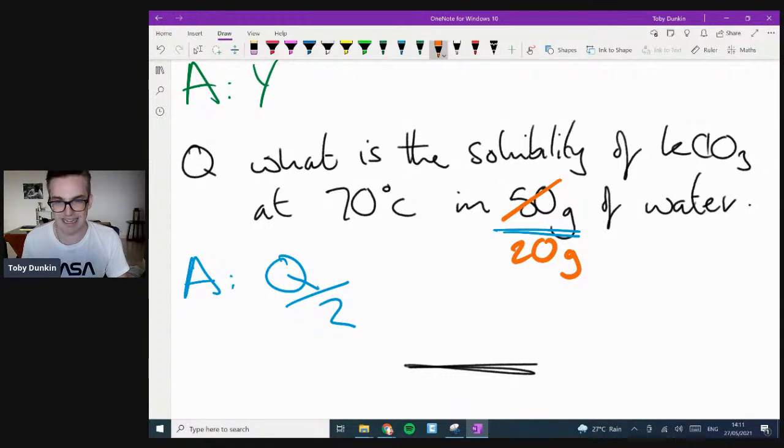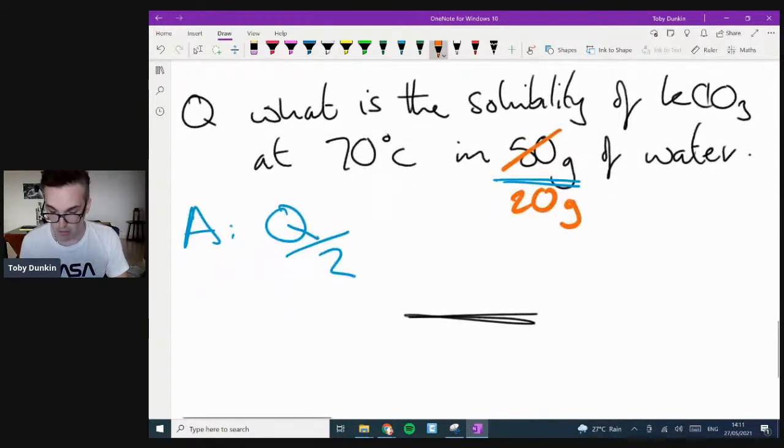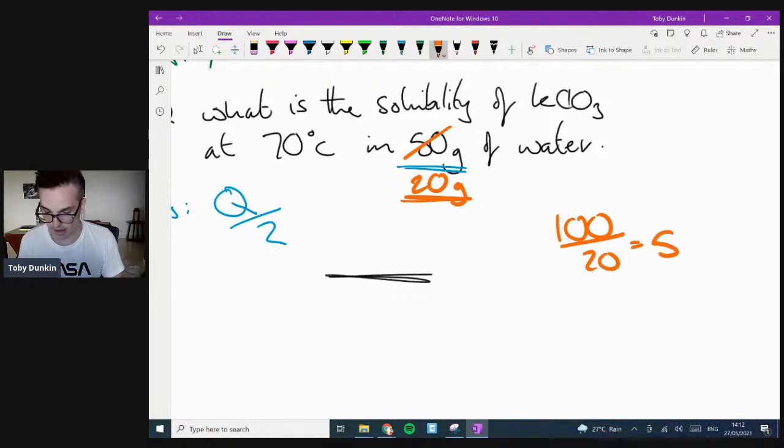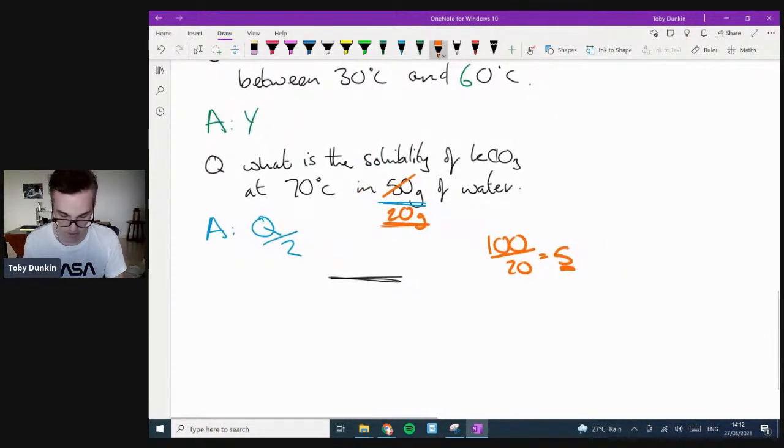What you may realize is that the 20 grams is 1/5 of the 100 I used. So if I do 100 divided by 20, I get 5. And what you realize is this is going to be Q over 5 instead, because it's 1/5.